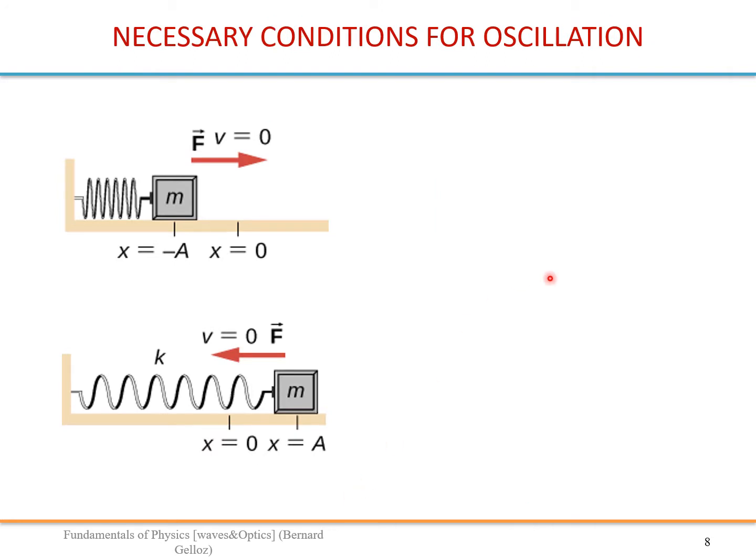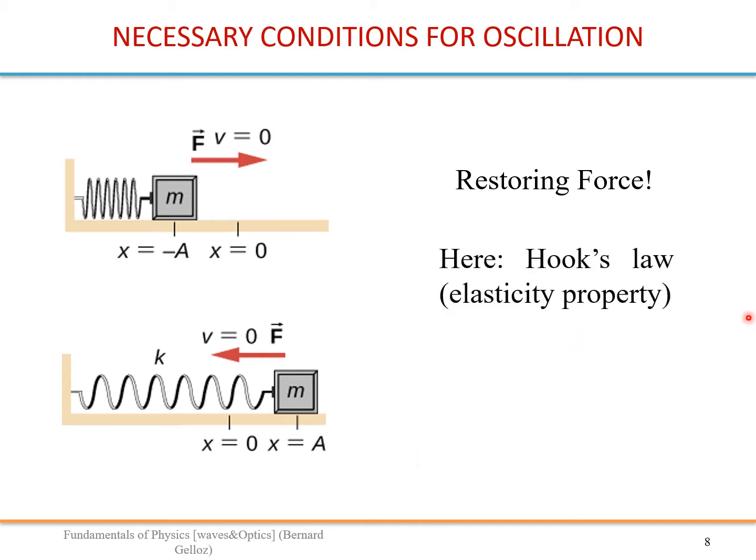Alright, so let's now look at physically what are the necessary conditions for oscillation. We've seen that you need a restoring force. You need a force that will bring back the system to its equilibrium position. So a restoring force is necessary. So what else is necessary?